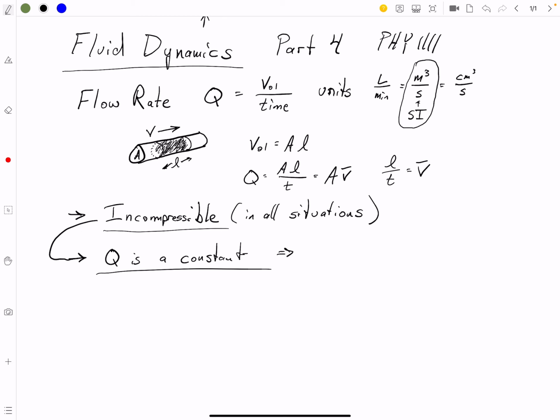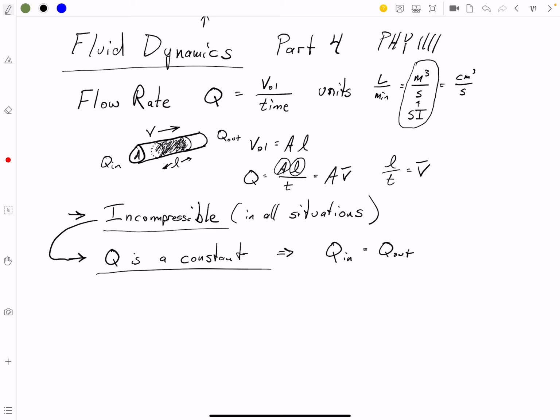What does that mean? That our Q in, so we've got some Q in over here, and we've got some Q out over there, those things are equal. So it doesn't matter what the area of our situation is, or the length. It doesn't matter. Our Q is constant.